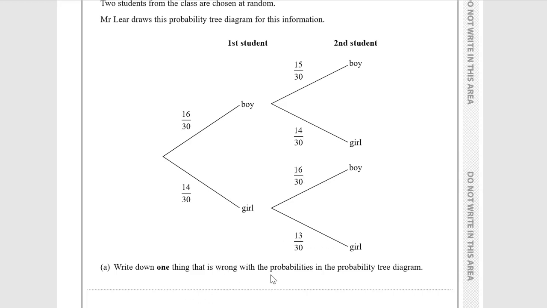So write down one thing that is wrong with the probability tree diagram. Well, the first thing that I notice is that when he picks a boy, which means there's going to be 15 boys, he doesn't do the same thing for the denominator. He doesn't subtract 1 from the denominator, which he should do because he's already selected someone.